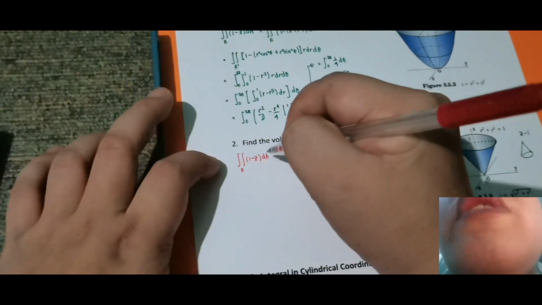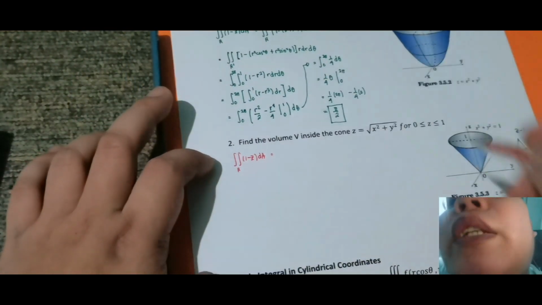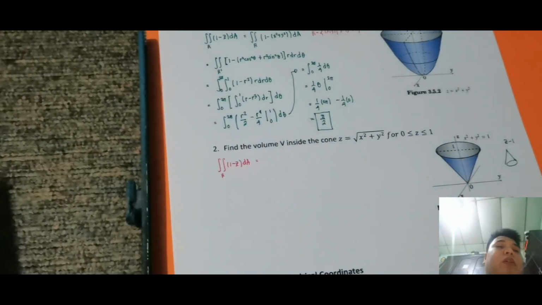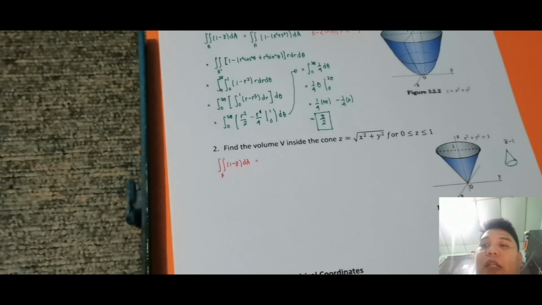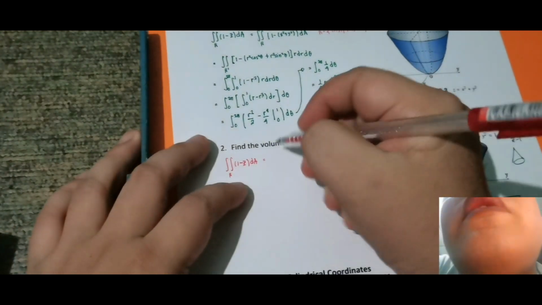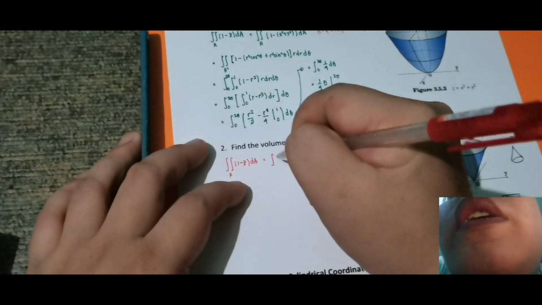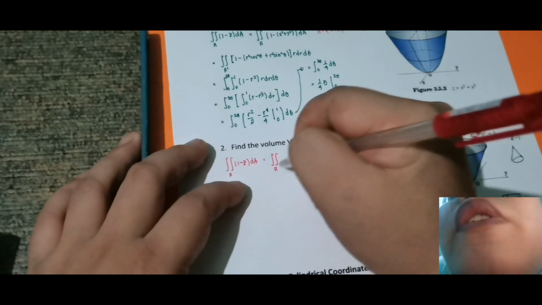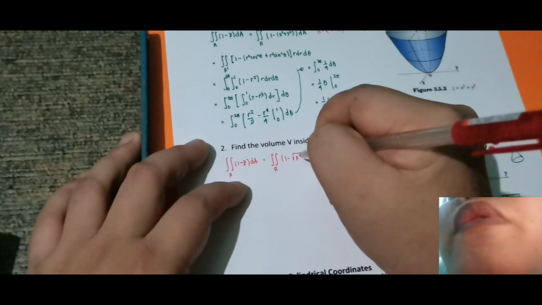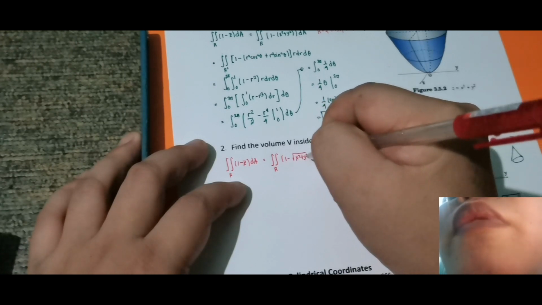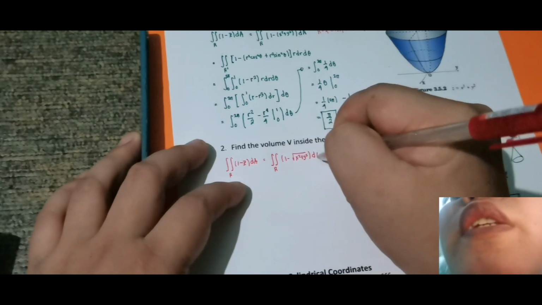So this is just equal to, I guess I can already put our boundary, since it is the same boundary anyway. This is the double integral over the region R of 1 minus the square root of x squared plus y squared, then dA.